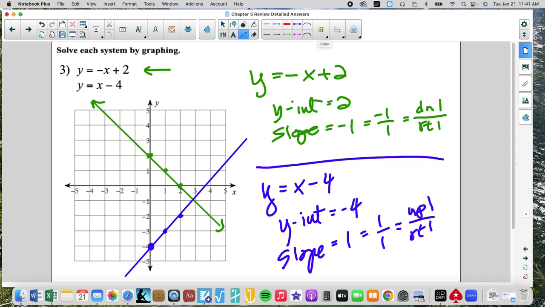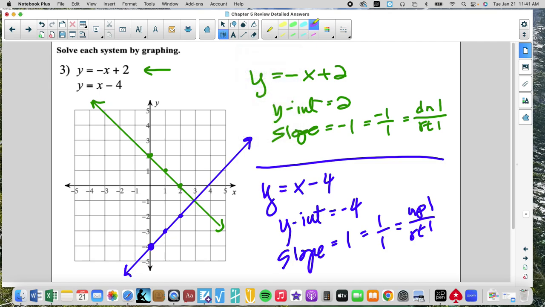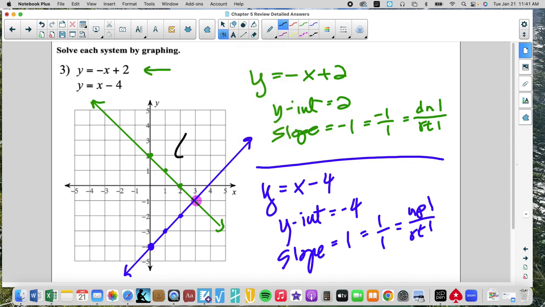And we connect the dots. Didn't connect them very well. That's a much better connection. Let's draw the arrows to show infinite number of solutions. And what is the point that they share? They share this location, this solution, and that solution is 3, -1.